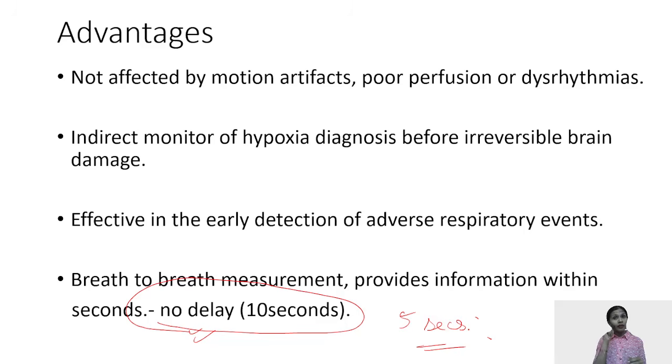Whereas if you remember the sigmoid curve of the plethysmographic wave, the curve of PaO2 versus saturation of hemoglobin, the beauty of this curve was that maybe the PaO2 is falling very speedily, but the saturation does not fall at the same speed. So we have a delay in diagnosing respiratory events, whereas this does not happen with CO2.